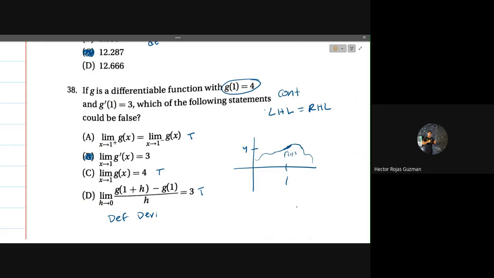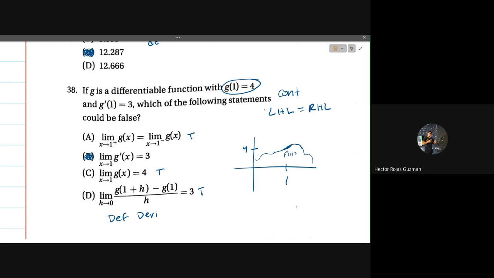But the limit of the derivative is 3. That's a good question, and I think I might have to think about it a little bit longer. Yeah, I will get back to you on that. But at least I proved the other 3 were true.